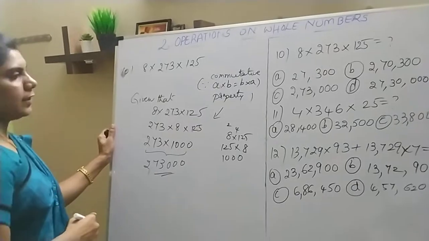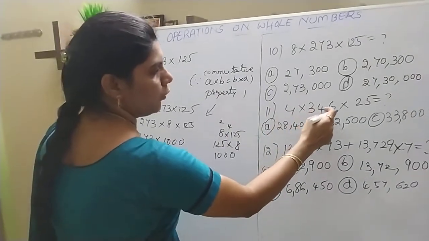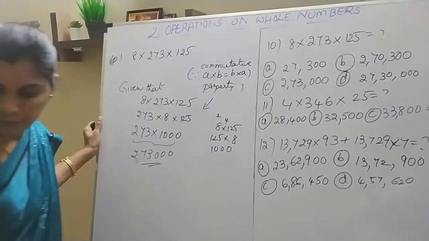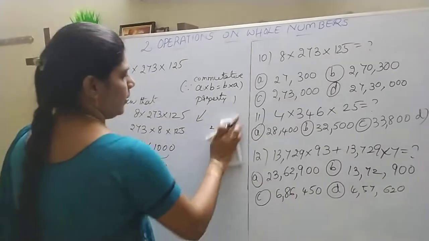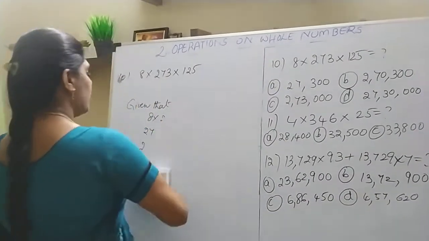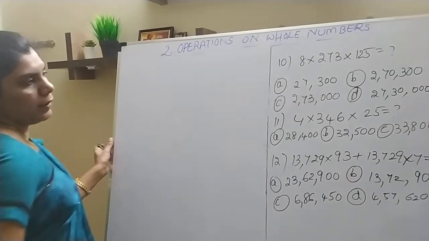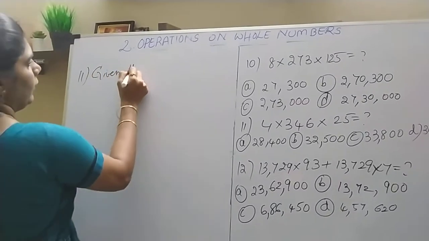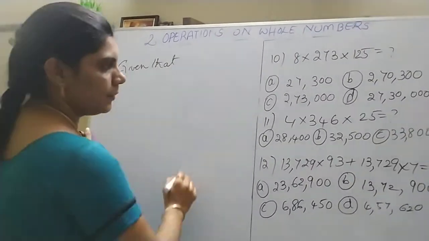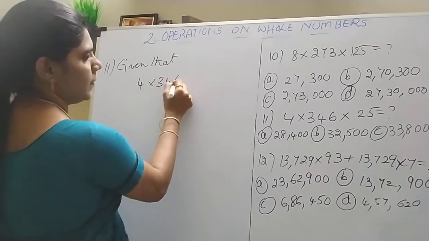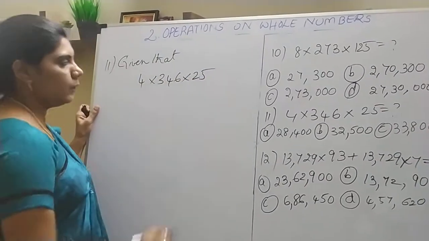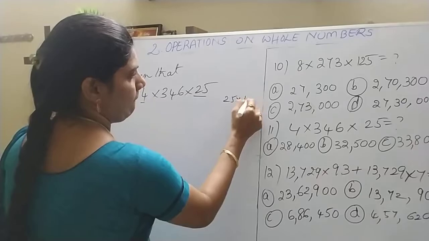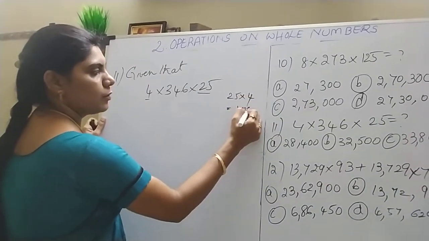Okay. Next, see the second one. 4 into 346 into 25. This is also same. Here also, this is a multiple of 5. So we can convert this one by using commutative property. Here also we can exchange numbers. See, what is given here? 4 into 346 into 25. Here also, if you observe, 25 into 4, so 100.